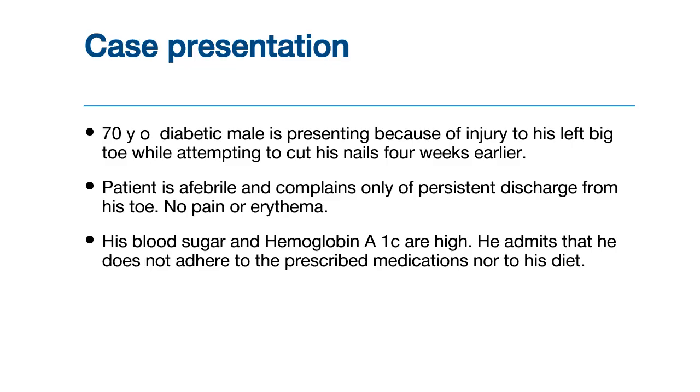No pain or erythema. His blood sugar and hemoglobin A1C are high. He admits that he does not adhere to the prescribed medication nor his diet. This is a typical case of diabetes mellitus who neglects himself or who is neglected.